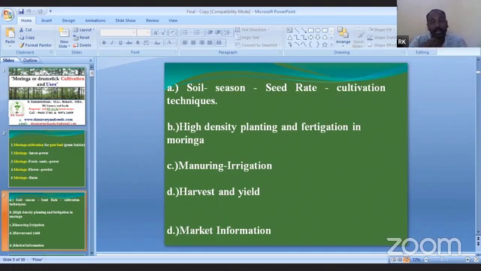What is meant by high density plantation? How to do effective high density plantation? Then fertigation. What is meant by fertigation? It is applying fertilizer. So what methods are applied for fertilizer in Moringa trees?